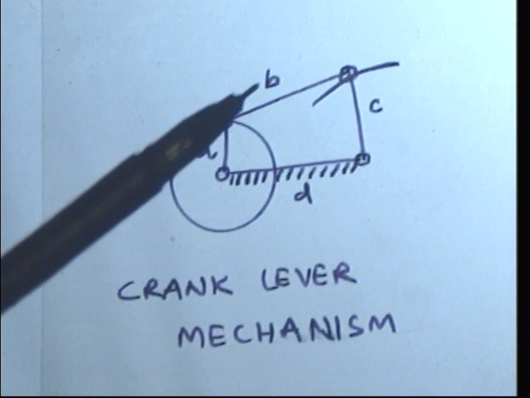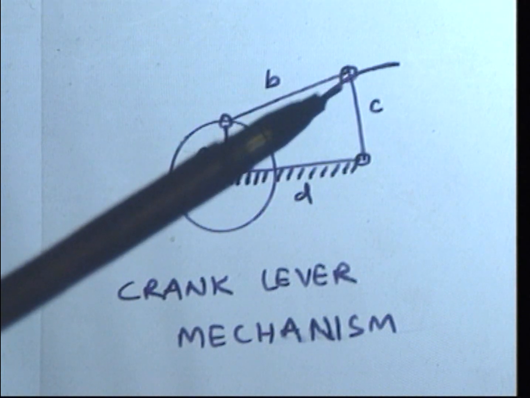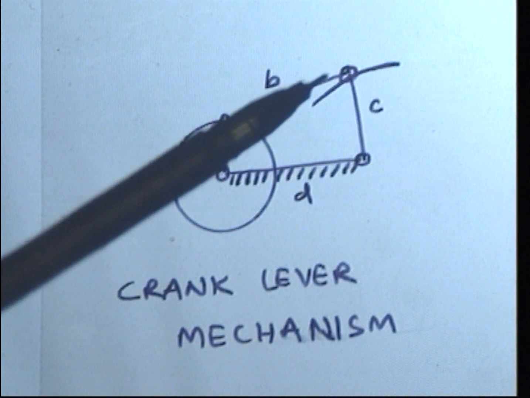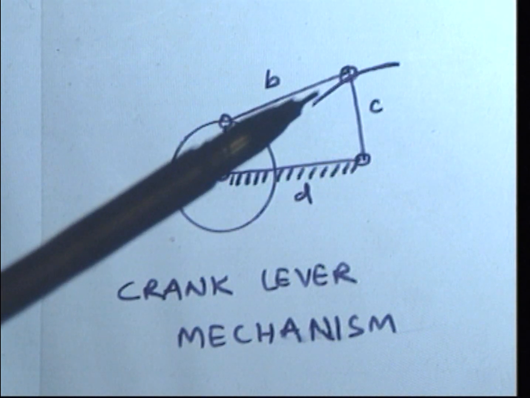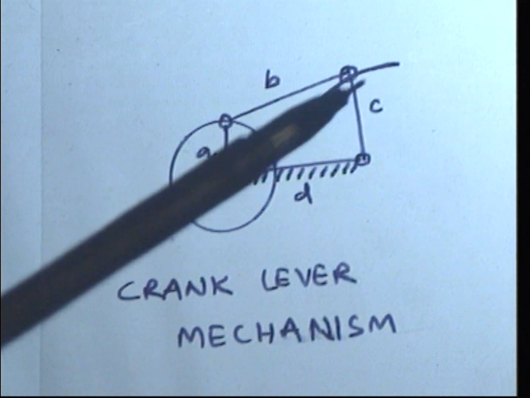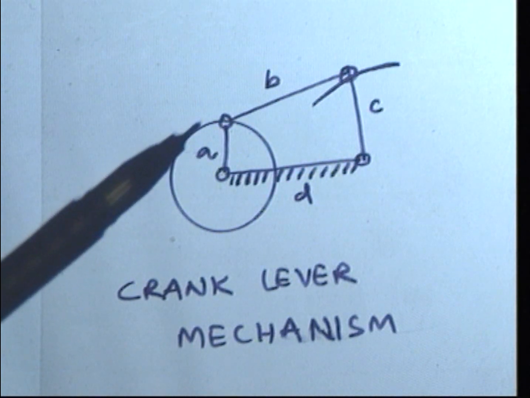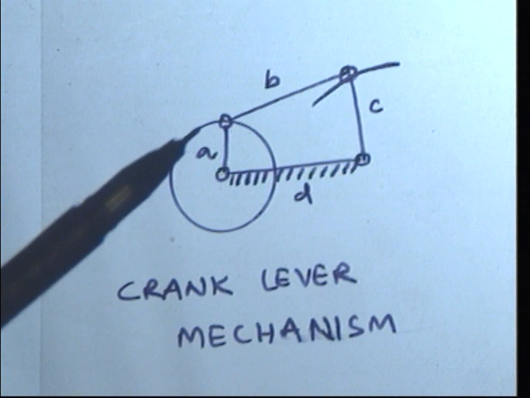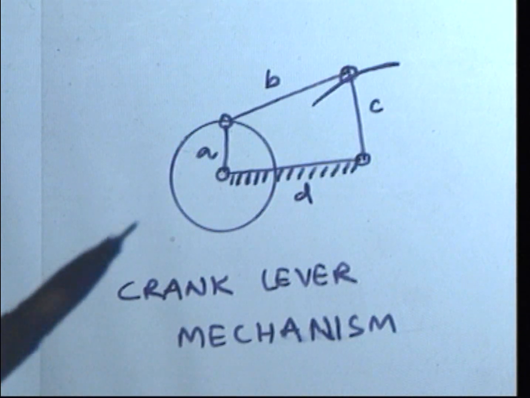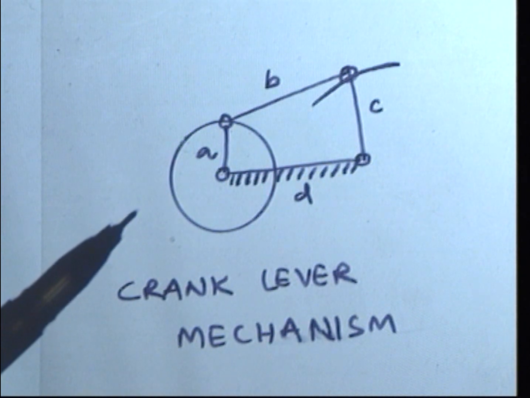Link B transmits this motion to link C, and as you observe here, link C is having oscillatory motion. It is oscillating. This way, the motion is transmitted from one link to the other link, and this is called the crank lever mechanism.